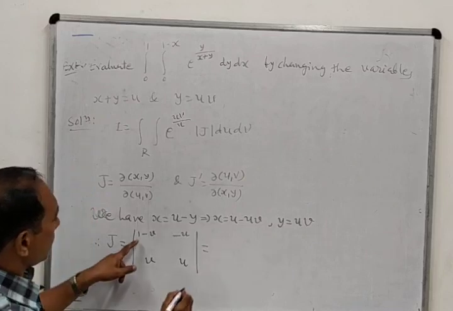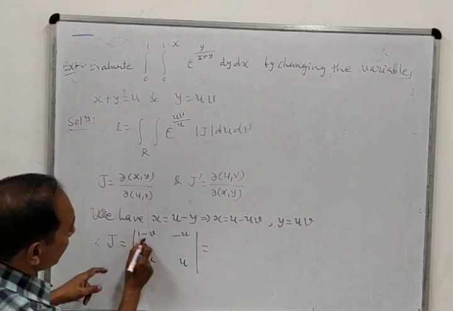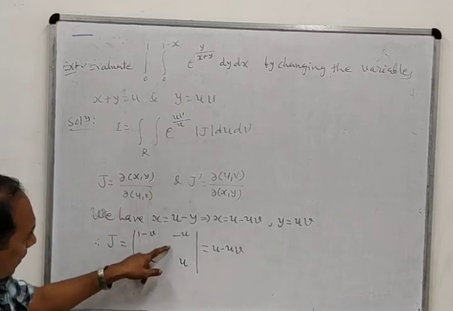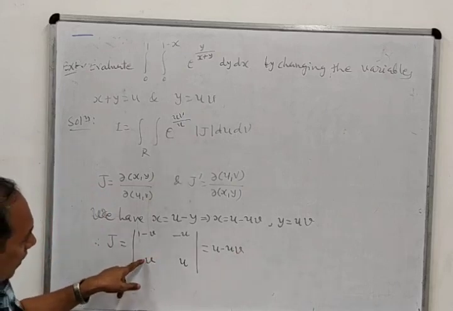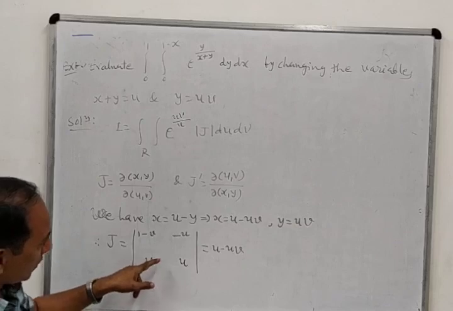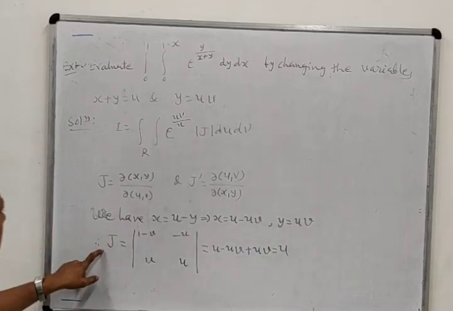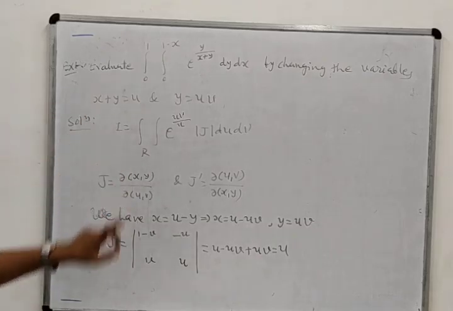So this is equal to cross multiplying, u into 1 minus v, that means u minus uv, and the minus sign comes when we multiply the other two, minus minus plus uv. So this is u. So here Jacobian J we have obtained directly, so no need to find J dash.